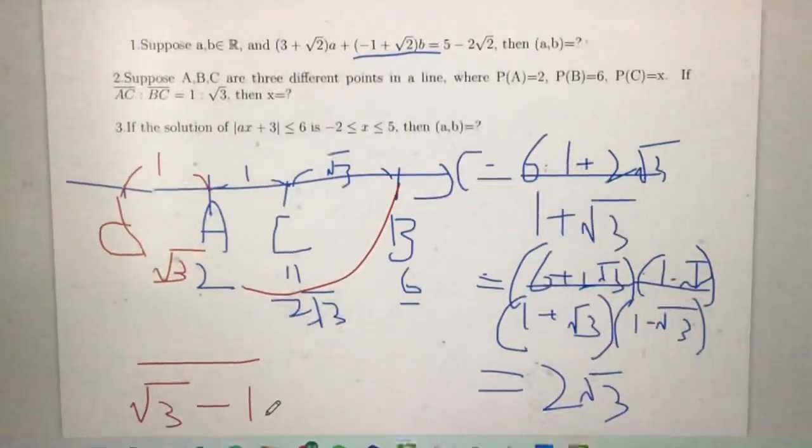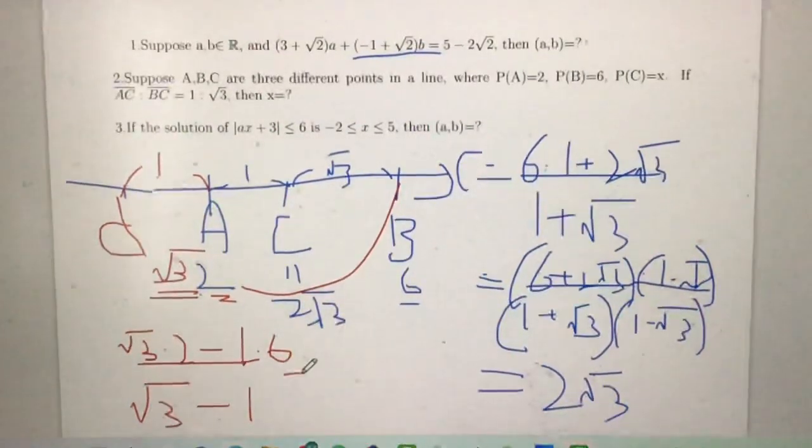Yeah, this is simple. And for the numerator, we just put this one first: square root 3 times 2, and we minus 1 times 6 here.